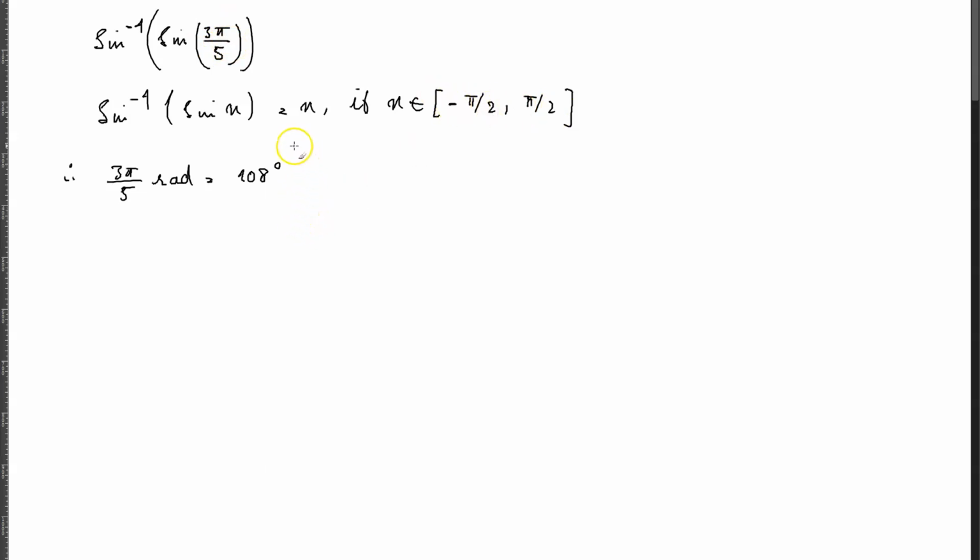Now in order to do that, there are different possibilities for me. I can use pi by 2 minus x. I can use pi by 2 plus x. I can use pi minus x. I can use pi plus x. I can use 2 pi minus x.